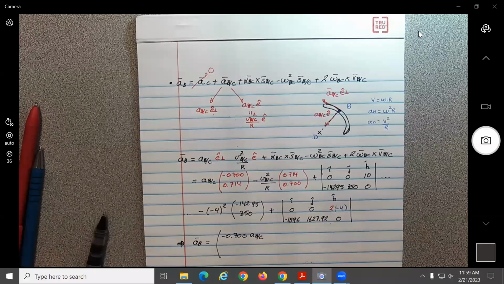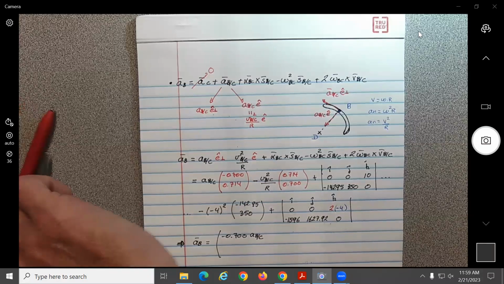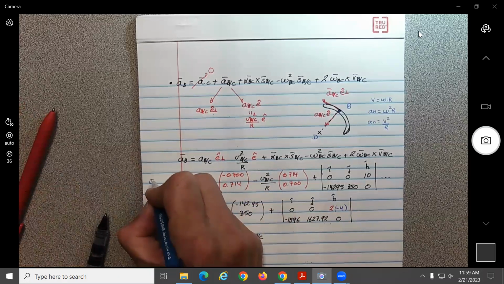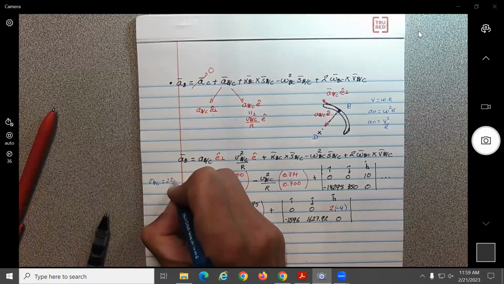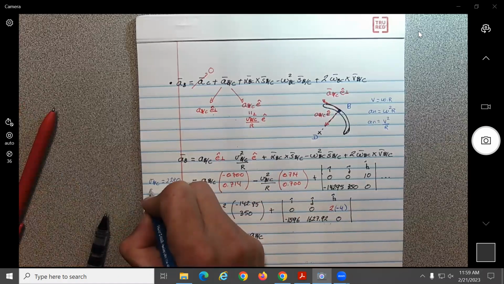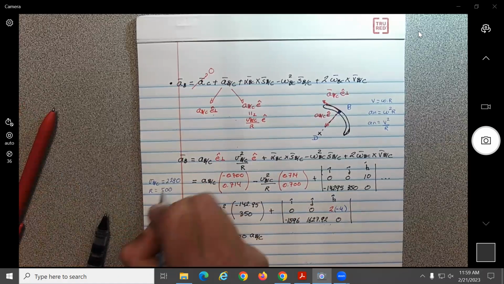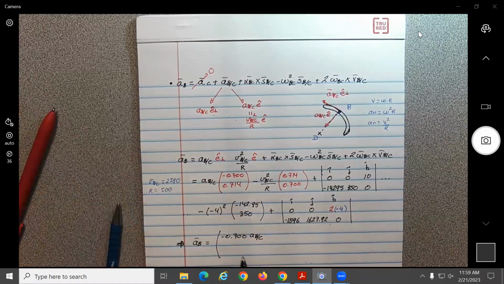Because VBC over here, what is the magnitude of VB with respect to C? Before you told me it was equal to 2,280, no? And R is 500. So the only unknown over here will be B with respect to C. So it will be 0.714 acceleration of B with respect to C.